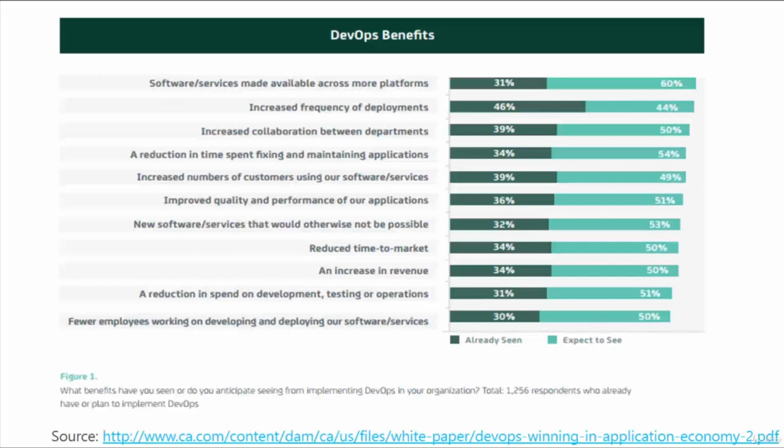So the more frequently you update your software and provide benefits to the end user, the easier the end user will have an experience working with that software or app. So one of the benefits, of course, is the increased frequency of deployments. And not to mention, there are several other benefits such as reduced time to market, increasing revenue, increased collaboration between departments, and so on.